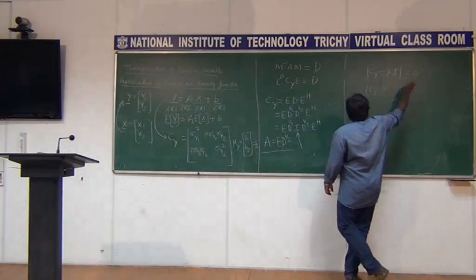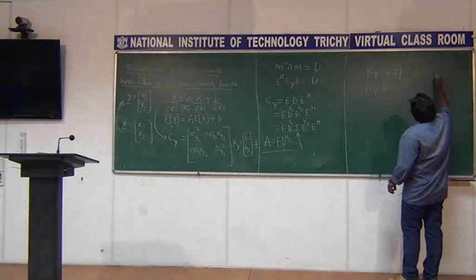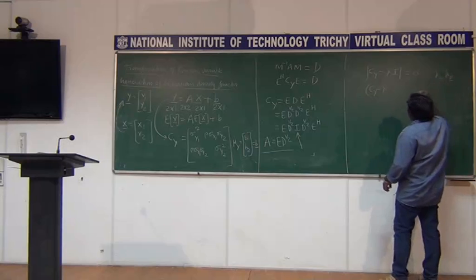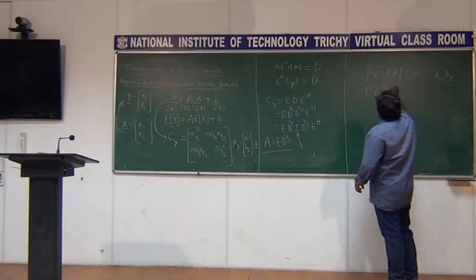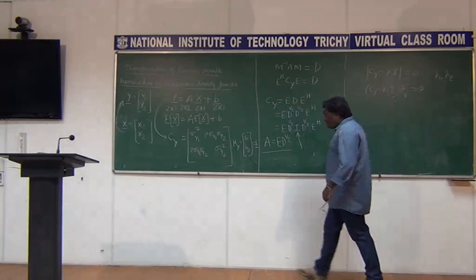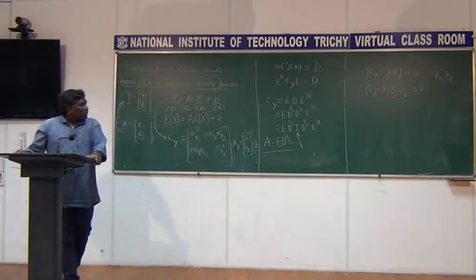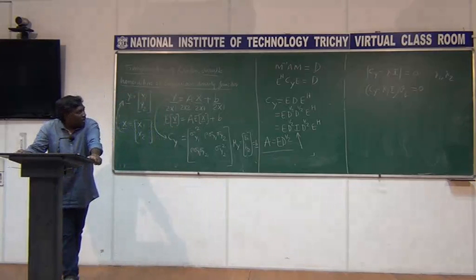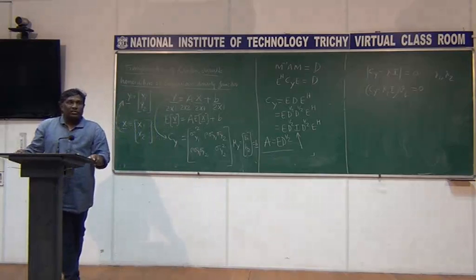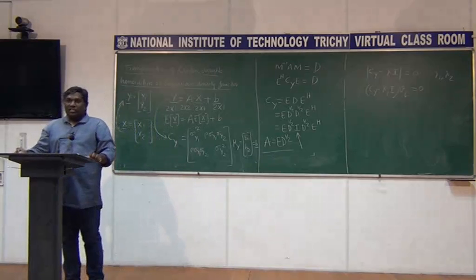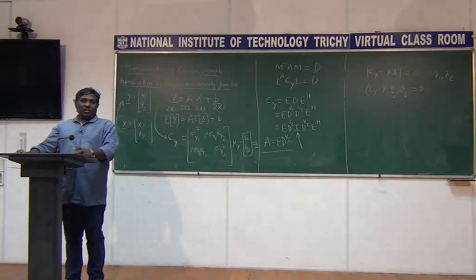And then, let us say this one is lambda 1, lambda 2, here lambda i: Cy minus lambda i I times Vi equals 0. What does this mean? Cy minus lambda I, where I is the identity matrix, times this Vi, and this Vi is what we call the eigenvector.